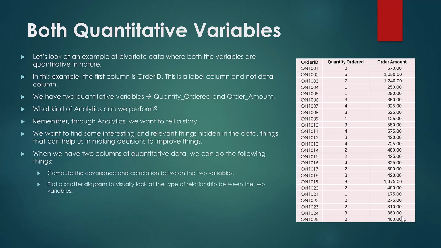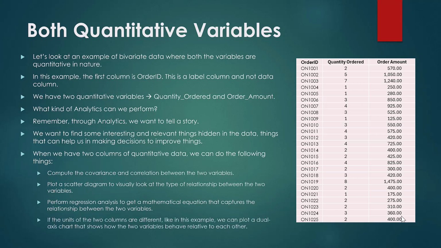We can plot a scatter diagram to visually look at the type of relationship between the two variables. We can perform regression analysis to get a mathematical equation that captures the relationship between the two variables mathematically. And if the units of the two columns are different, like in this example, we can plot what is called a dual axis chart that shows how the two variables behave relative to each other.